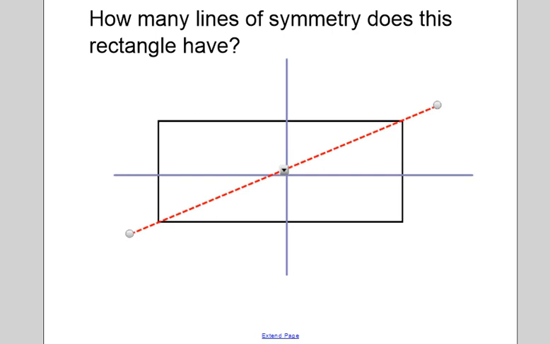But it's not a line of symmetry, because if I were to take side A and fold it across this red line, it would not match up perfectly with side B. This corner would end up folding over somewhere over here. So it's not symmetrical. Symmetry is when you fold it over, they're going to be exactly the same. Corners are going to match up, everything's going to match up perfectly.